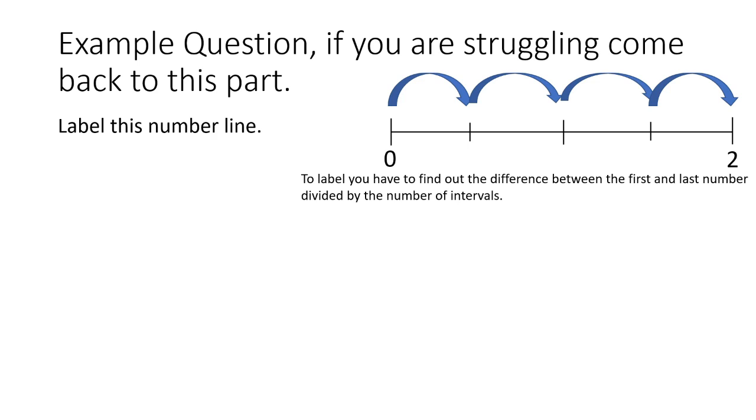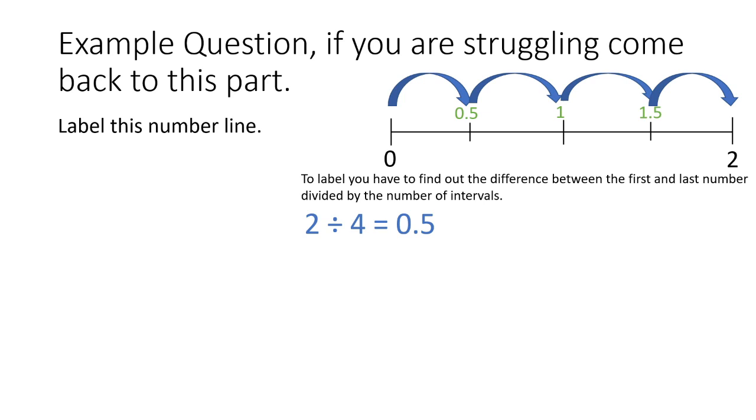So 2 divided by 4 equals 0.5. Good. So that means 0.5 will be the first interval. The second interval will be 1. The third interval will be 1.5. So that completes our number line.